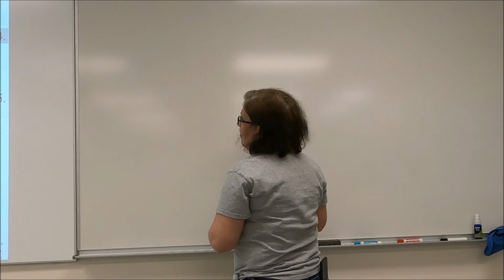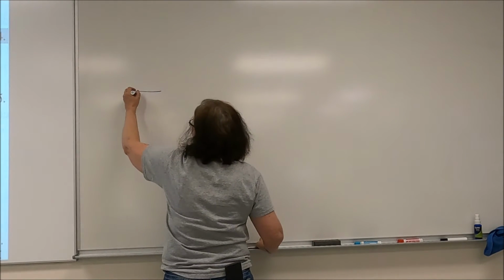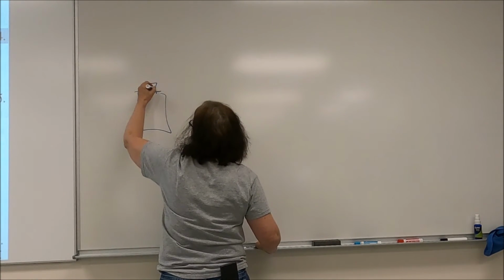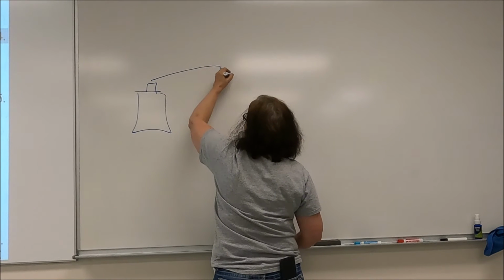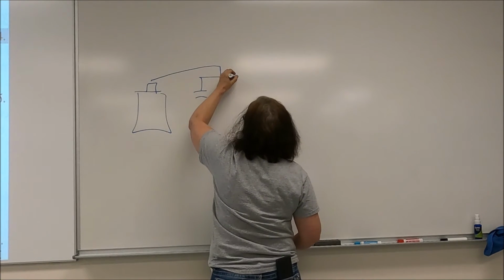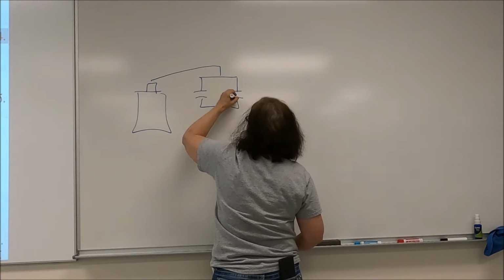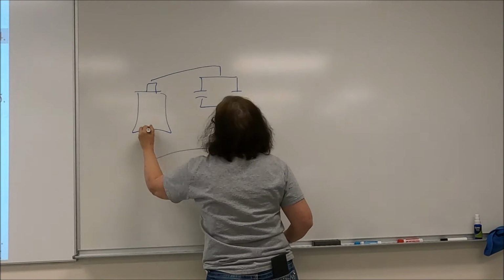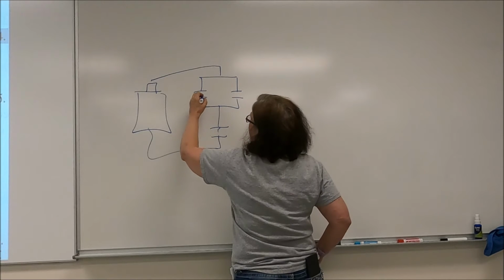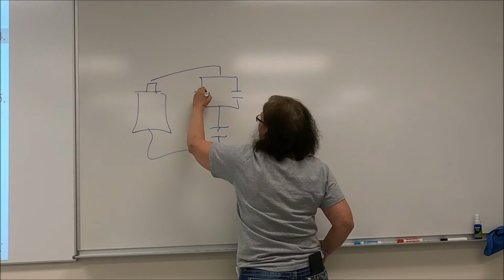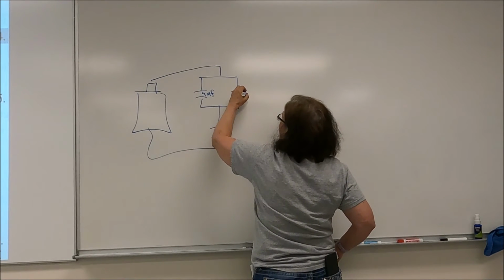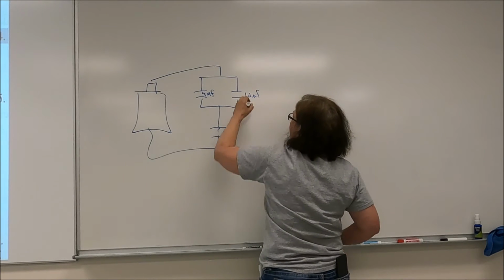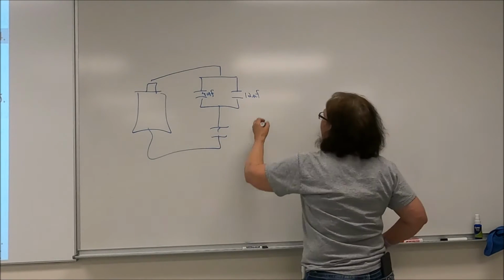So if I think about the 2 that are in parallel, I can just as easily draw it like this. Okay, so this is a 4 microfarad, and this is a 12 microfarad. They're in parallel.